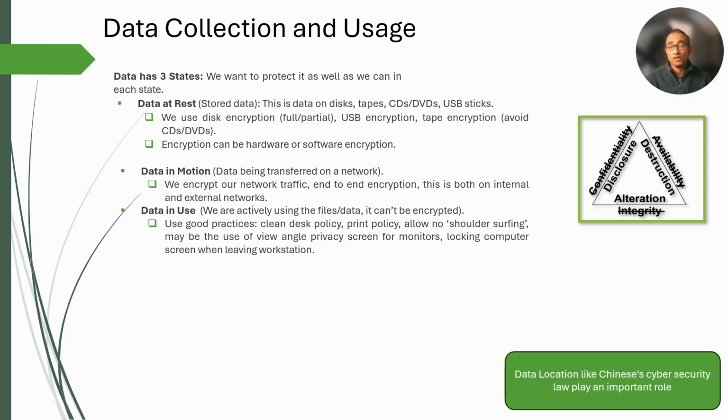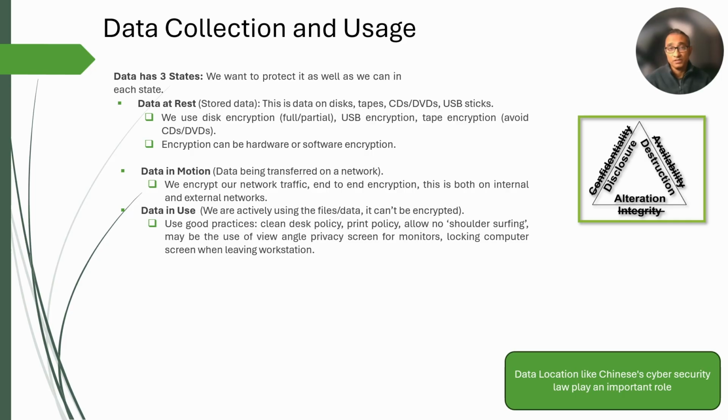Now, what are these three states? Data is classified in terms of state as data at rest, data in motion, and data in use. So what is data at rest? It's dominantly described by the static nature of the data. For example, data is lying in your hard drives, in the disk, in the external storage.